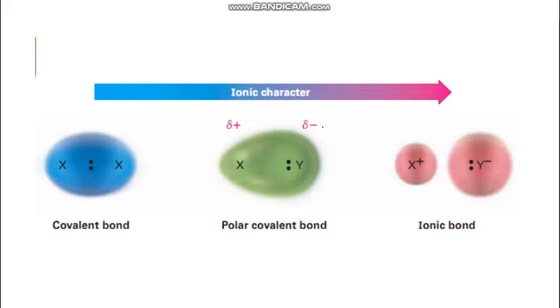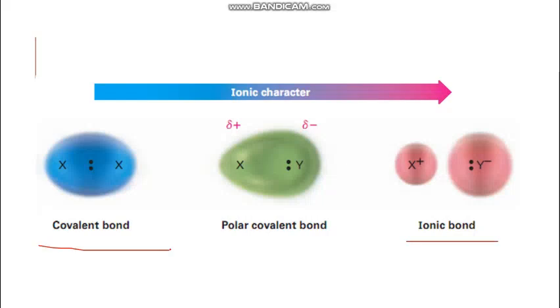But most bonds are neither ionic nor fully covalent. So they are somewhere in between, meaning yung bonding ng electrons are attracted more strongly by one atom than the other.